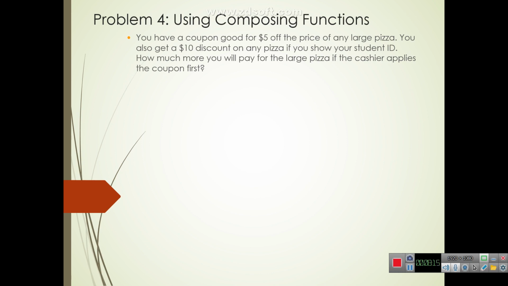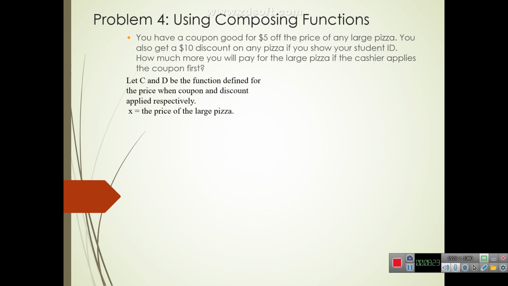How much more will you pay for the large pizza if the cashier applies the coupon first? Here, let's define the variables C and D for the functions for the price when the coupon and when a discount are applied, respectively. And let x be the price of the large pizza.